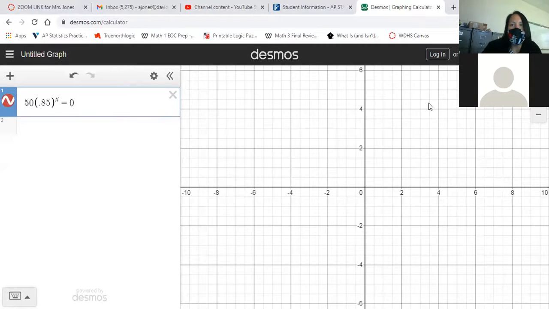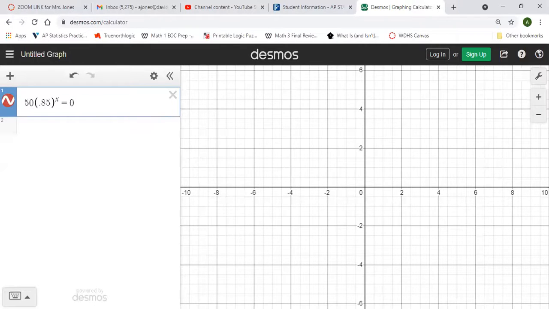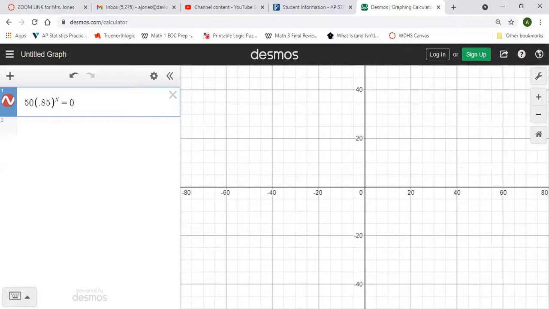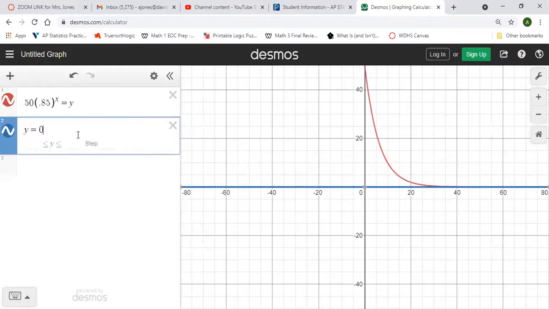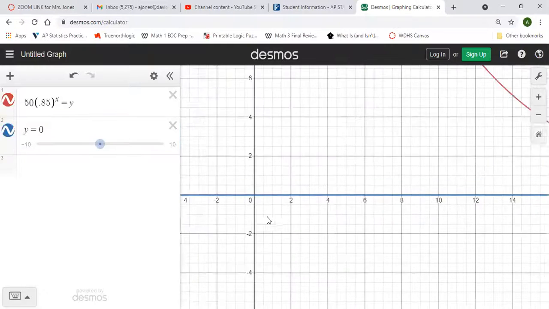You can type it in and see what happens. Notice I don't see anything. I don't really like this one. Let's do it this way. Equals y, and y equals 0. Makes it a little bit easier. So we're going to type those two functions in. The only reason I put y equals is because we're going to put one side in the front and the 0 the other side in the second one. And then we're going to see where they cross.